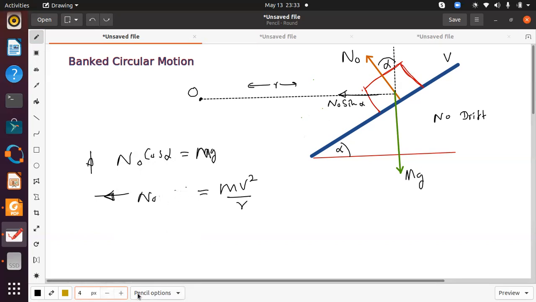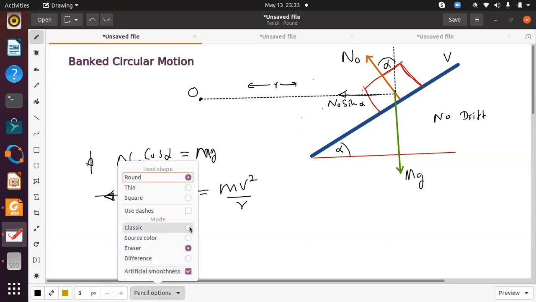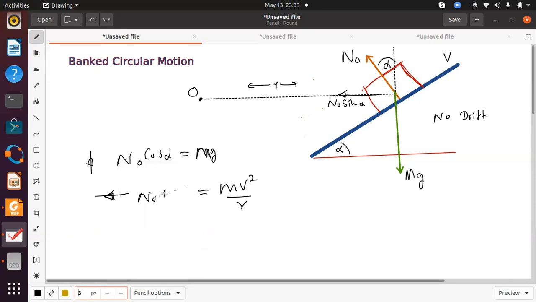So we will find the optimum velocity, the design velocity, so that it will not require any additional forces. The horizontal component alone will sustain this motion, right? N naught sine alpha equals mv squared over r.